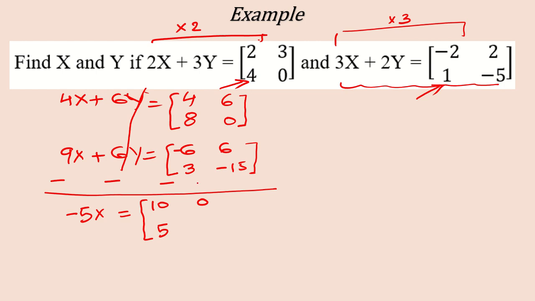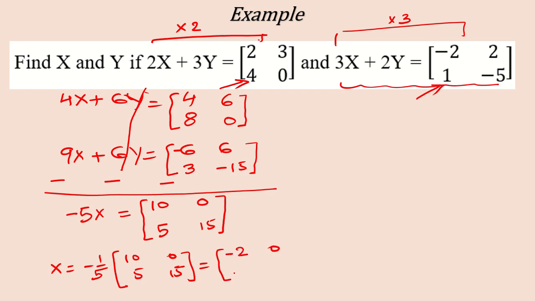And 0 minus minus 15 means plus 15. Now x will be equal to minus 1 over 5 times 10, 0, 5, 15. So, 1 over 5 means every element of this matrix will be divided by minus 5. So it will be minus 2, then 0, then minus 1, and 15 divided by minus 5 will be minus 3. So this is the value of x.